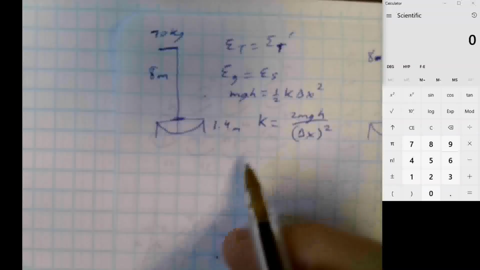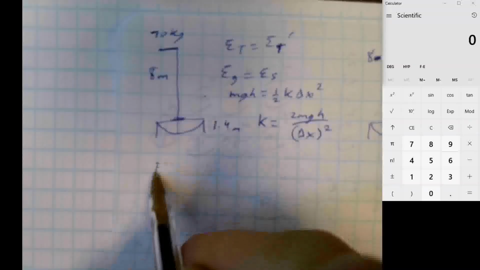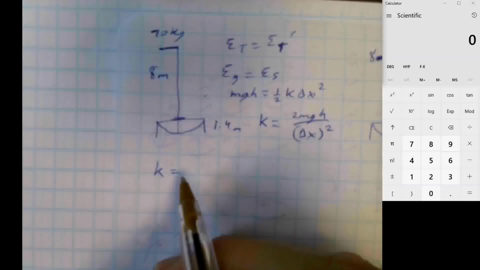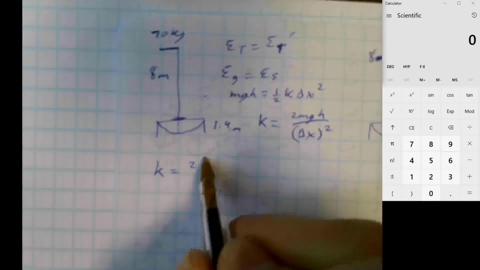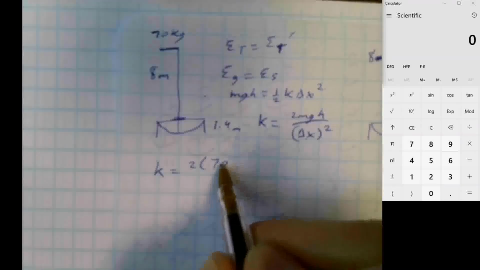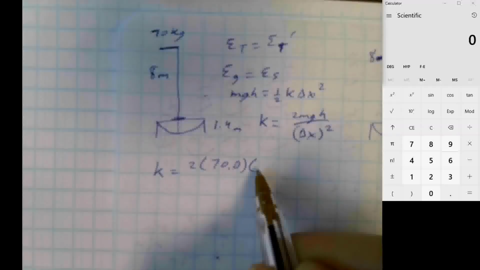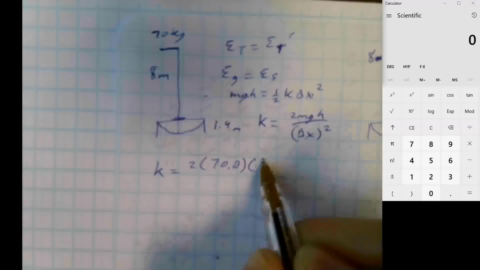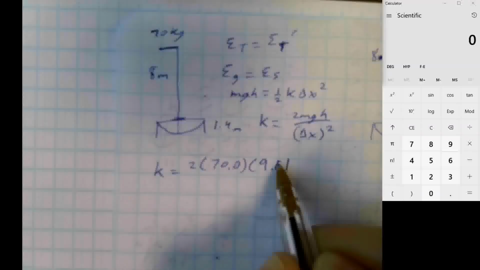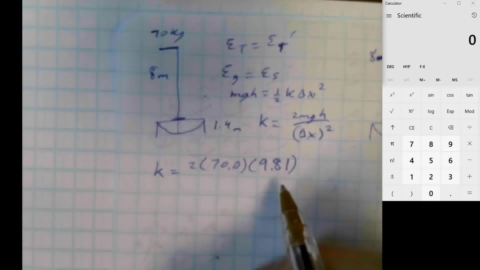So we have 70.0 kilograms, 8.00 meters, 1.40 meters. That means when we're using our values here and we're substituting in, we have to use 3 significant digits. And for our gravitational acceleration, we should extend it to 3 as well. So I'm going to write 9.81 instead of just 9.8.